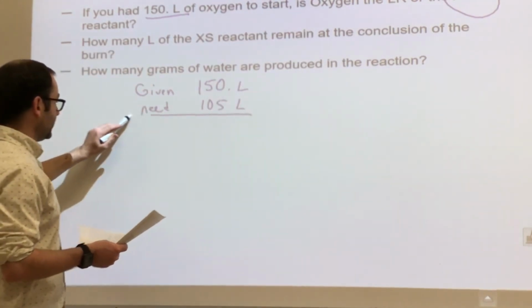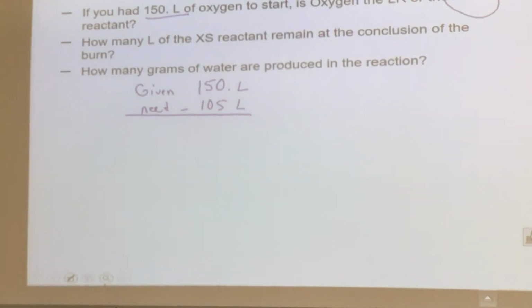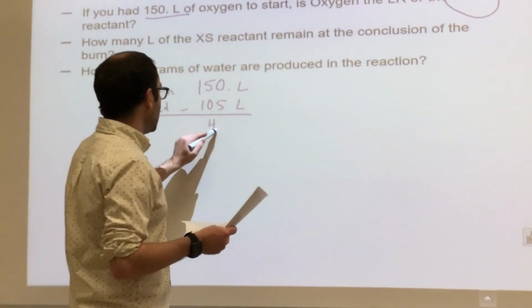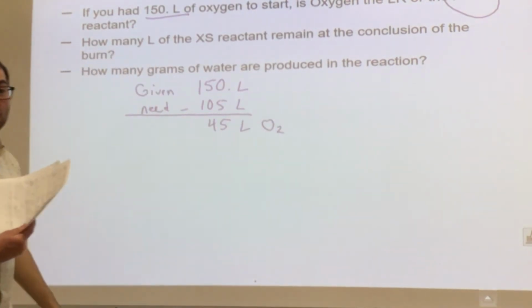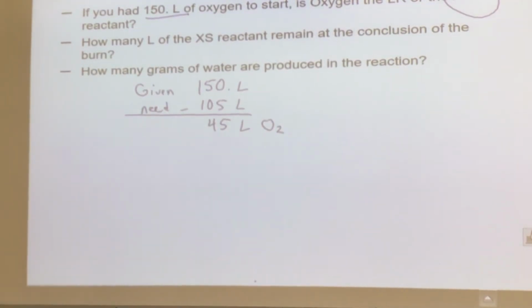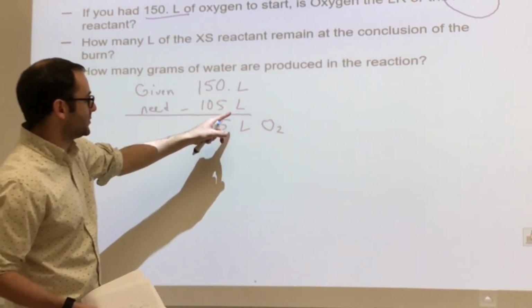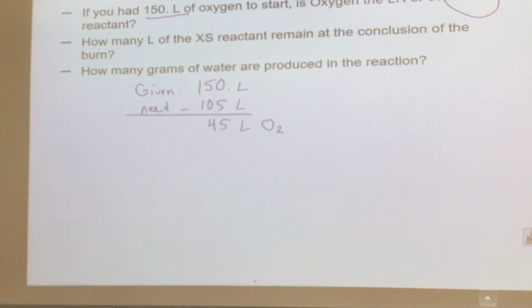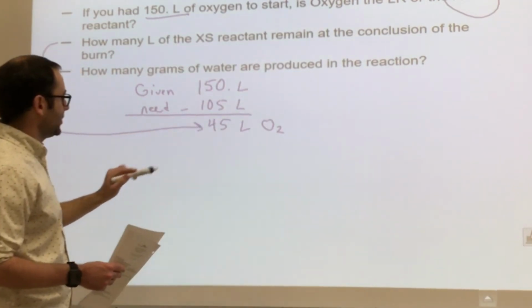So if we subtract them, we know how much is left over. How much is left over? 45. Just 45. Why? Because we're subtracting, right? And when you subtract or add with sig figs, it goes to the least number of decimal places, which is 0 for this. There's no decimal places for this. I know, it's tricky. Okay? So how many liters of excess remain would be the 45.